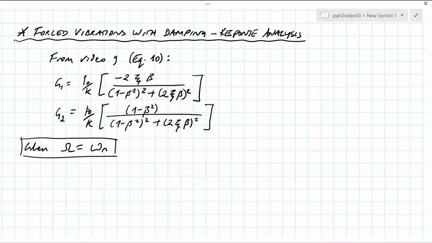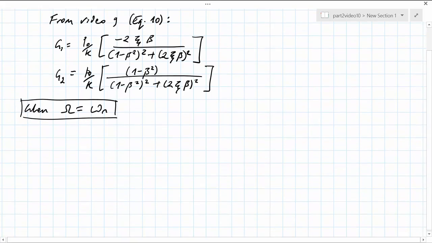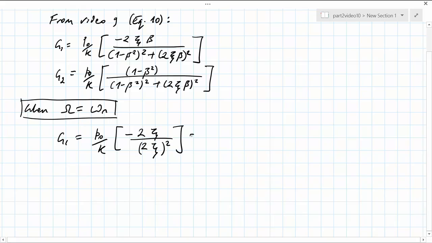G1 and G2, given by equation 10 in video 9, now become G1 equal to P0 over K times minus 2 zeta over 2 zeta squared, which is equal then to P0 over K times 1 over 2 zeta, which, using our definition for U static, is equal to minus U static over 2 zeta. G2 then becomes 0.